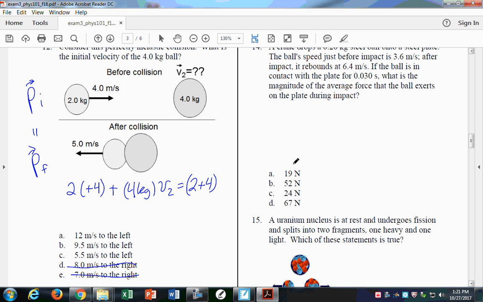Okay, so 2 plus 4. Why 2 plus 4? They stuck together. Right, so times 5 meters per second. Oh, but I made a mistake. Look at me. I just missed the problem. It's negative 5 because it's to the left. Okay? Be very, very careful with your signs, especially in this chapter. The signs are pretty important for this chapter. 8 plus 4v2 equals negative 30.